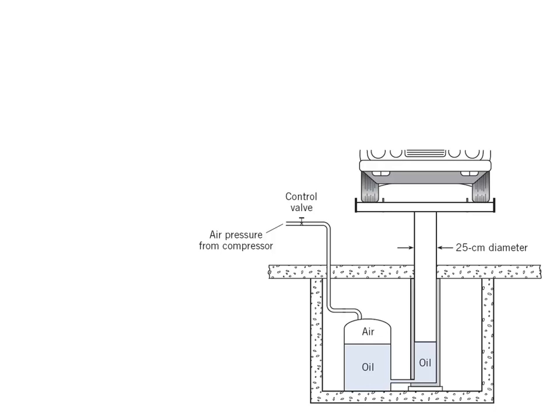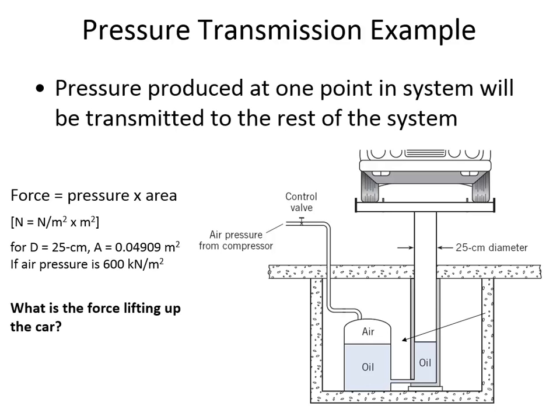The formula that actually describes how heavy that car can be is very simple, and that is that force is pressure times area. So just to illustrate pressure transmission and how you can find the hydrostatic force from a hydrostatic pressure, let's consider that we have this cylinder here.